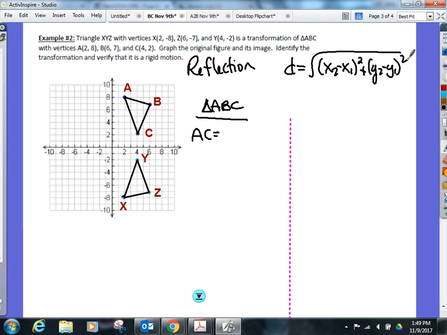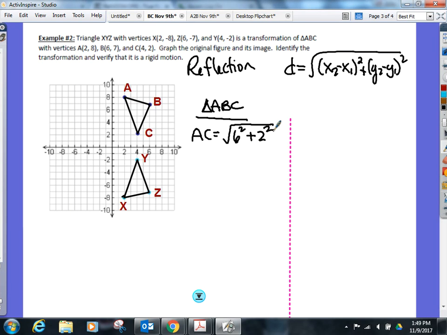Ready? A to C. Down and over how many? Whoa, I'm getting a couple different answers here. We have issues with counting. Down and over how many? Down how many? 6, and over how many? 2.